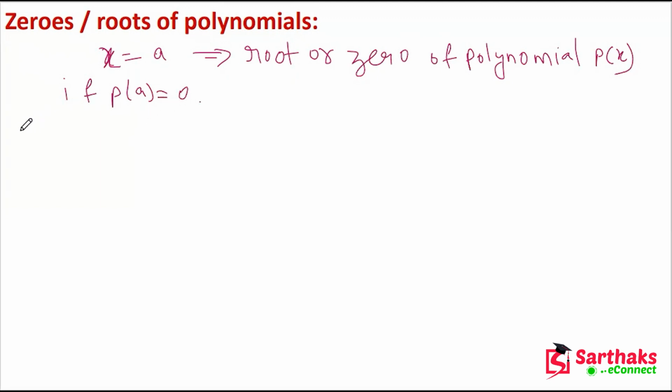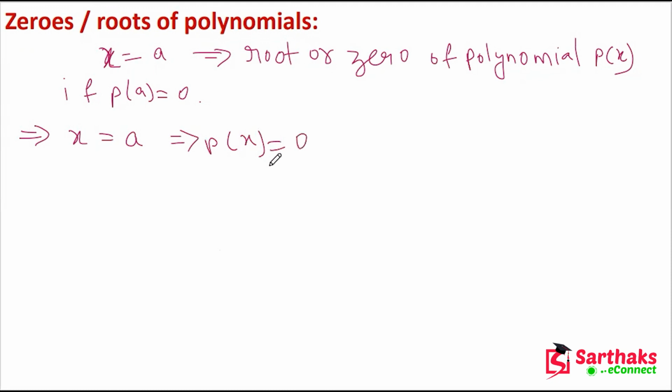In other words, x equals a is a root or zero of a polynomial if it is a solution to the equation p of x equals 0. I hope you get this point.